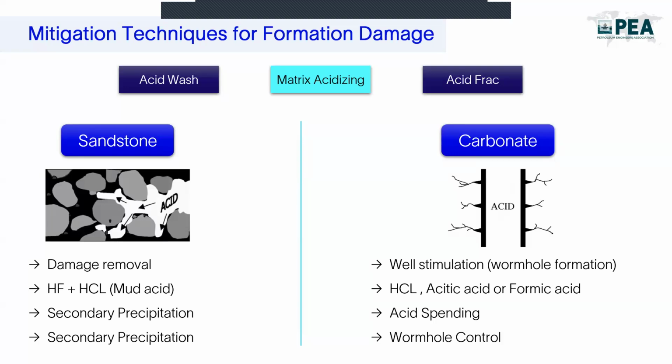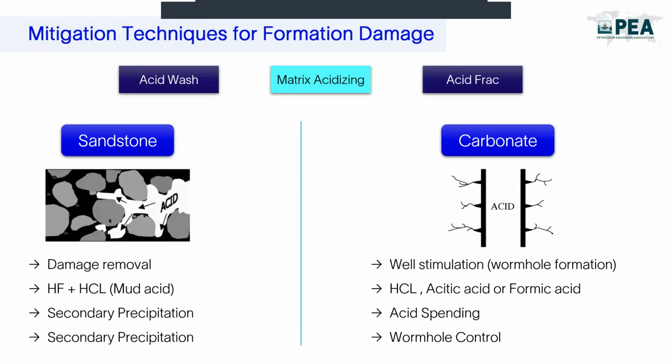We use HCl, and the HCl we normally use as a pre-flush. This pre-flush is actually being used to remove any carbonates. So we inject HCl at first to remove any carbonates and other acid-soluble minerals that could react prematurely with the hydrofluoric acid. So the acid being used is the mud acid, HCl plus HF.